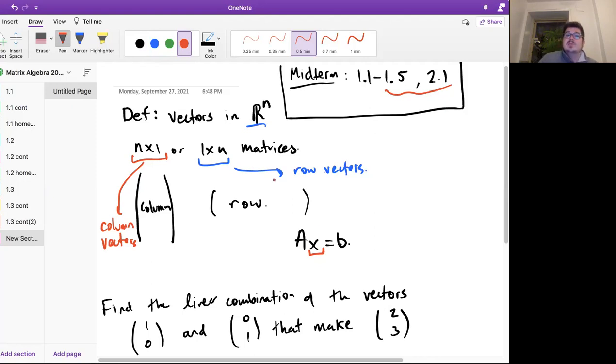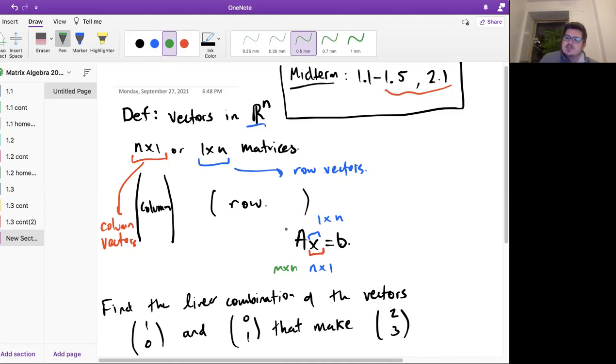Yeah, probably a column, because if this is n by 1, then A could be a lot of things. It could be m by n. But if it was the other way around, if x was a row, 1 by n, then what's the only matrix you can multiply to a 1 by n matrix or vector?